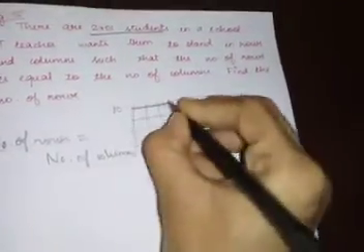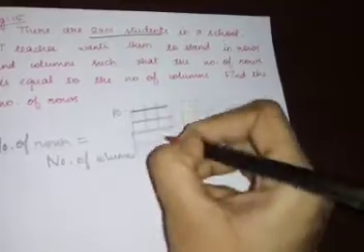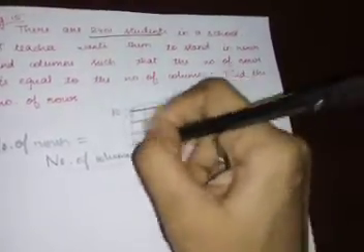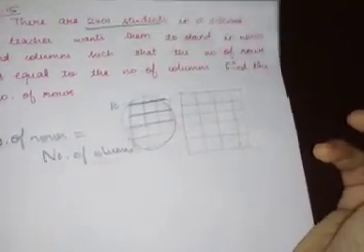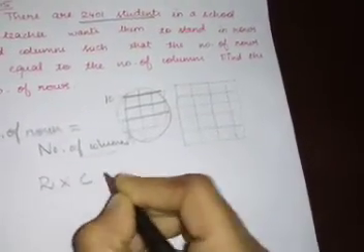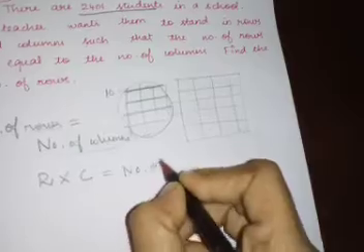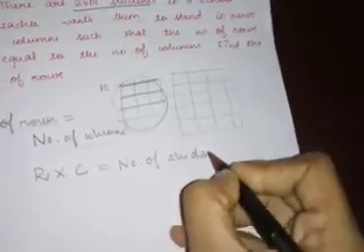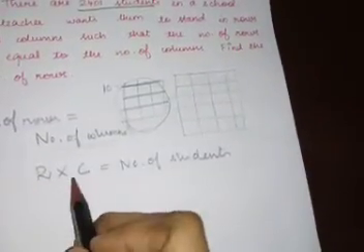If you multiply the number of rows and the number of columns, you will get the number of students.